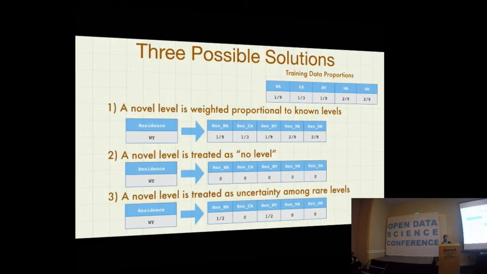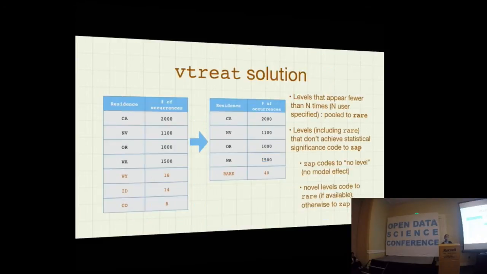Okay, so the vtreat solution is sort of a variation of that last one. Basically, what we do is we take levels that appear fewer than n times, where n is chosen as a definition of rare, and we pool them to a single level called rare.